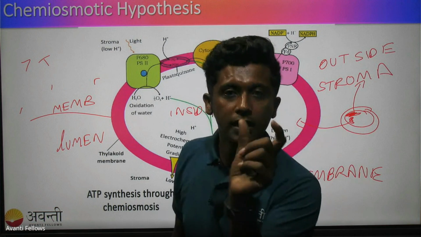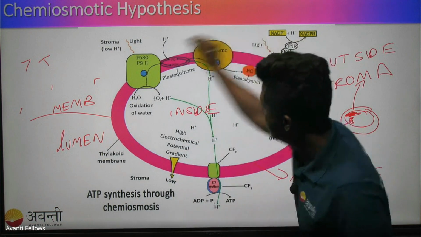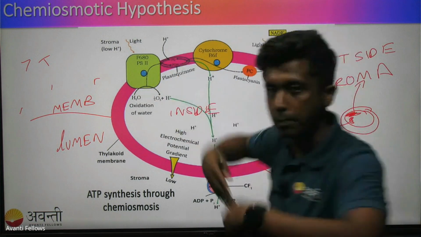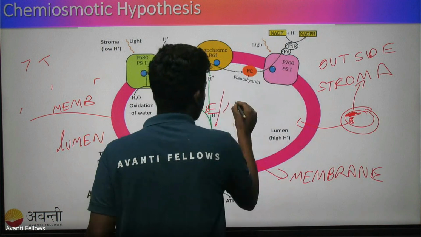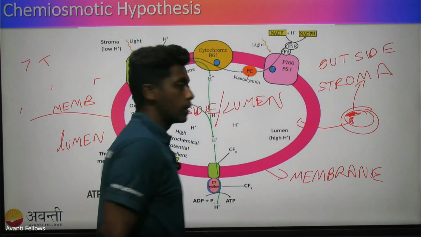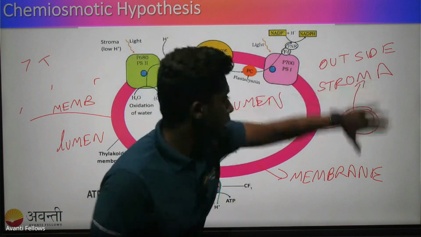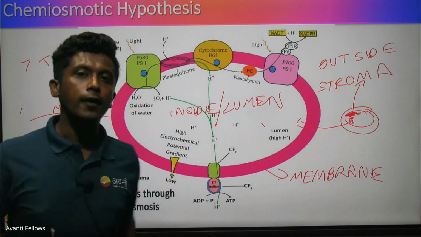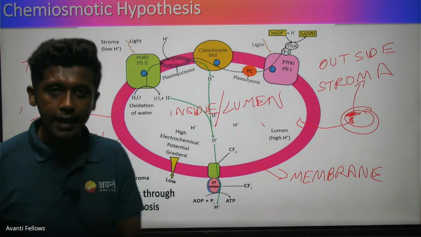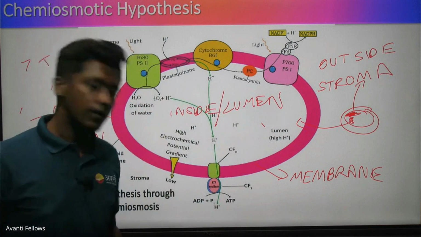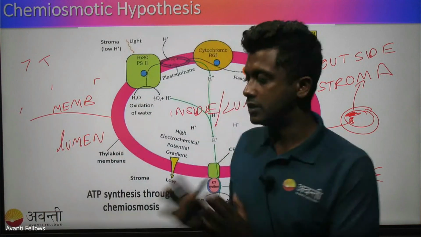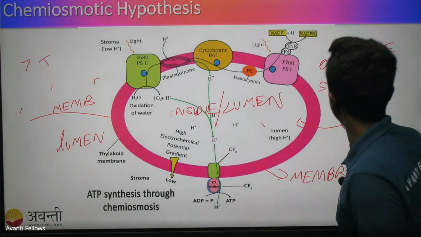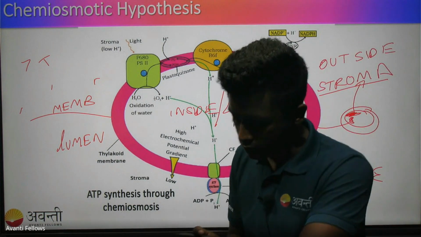Grana is made up of coin-like substances called thylakoids. The thylakoid has a membrane, and within the membrane we have the inside of the thylakoid, which we call the lumen. So we have the lumen of the thylakoid, the outside, which is the stroma, and the membrane of the thylakoid. Now here, the proton gradient is maintained within the lumen of the thylakoid, and we will understand how. Now you have to just remember two important regions: one is the stroma, the other one is the thylakoid.